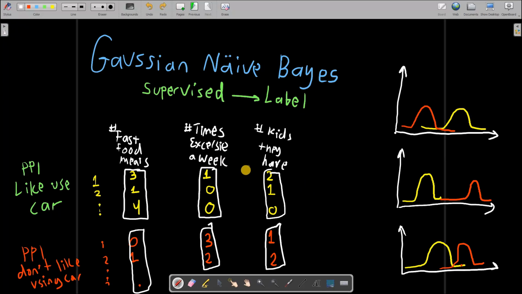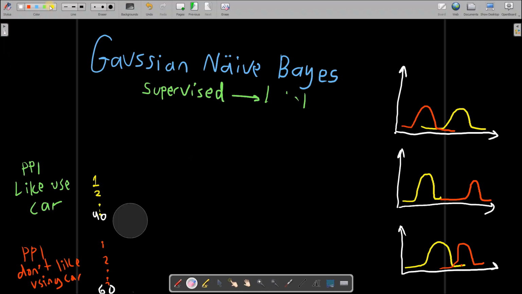Now I want to show you something. Now let's say my dataset here contains 40 people who like to use the car. This is the number of data here, so here I have all the way up to 40, and here I have all the way up to 60. Okay? So first we are going to calculate the probability that someone likes to use a car. Okay, remember we have 40 people here and 60 people here. Now I'm just going to be erasing those. Cool.